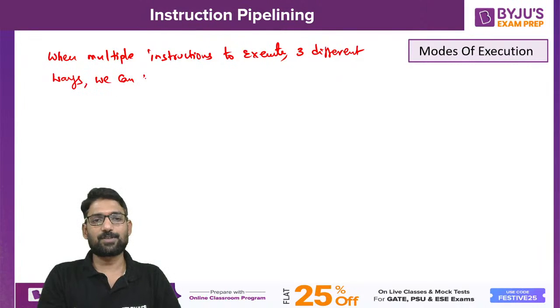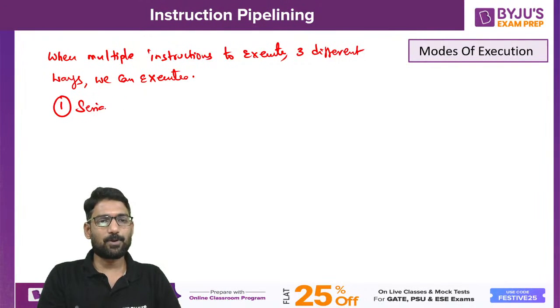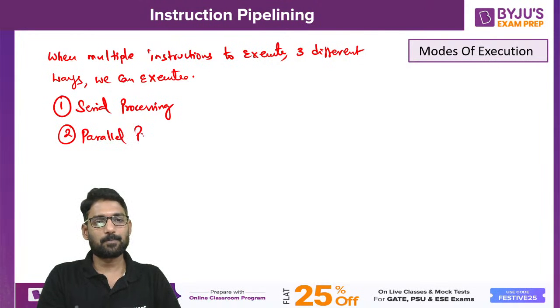These instructions can be executed in 3 different ways. What are they? Serial processing, parallel processing, and pipelined processing.